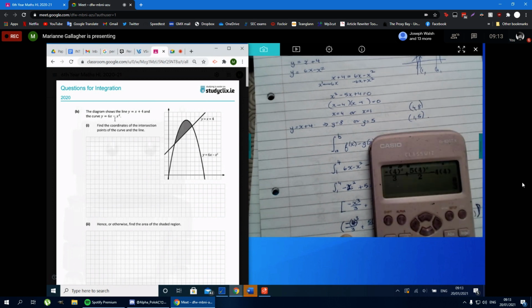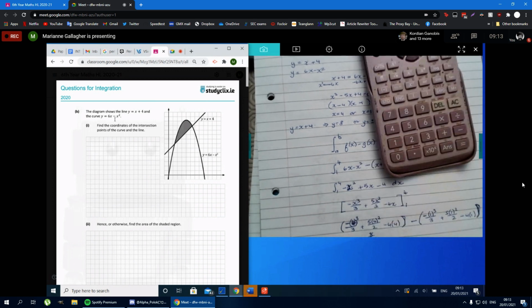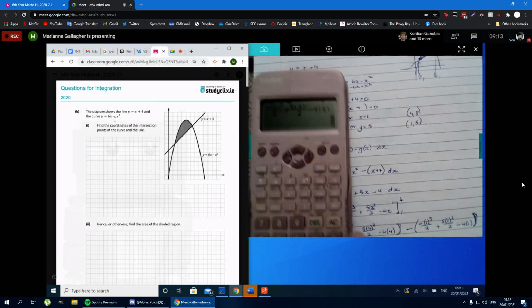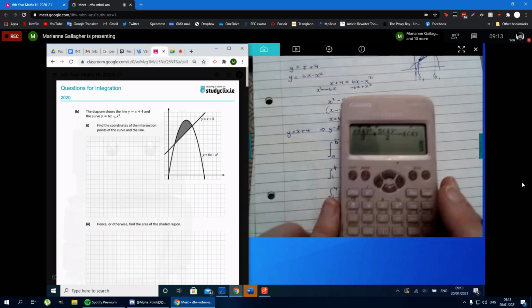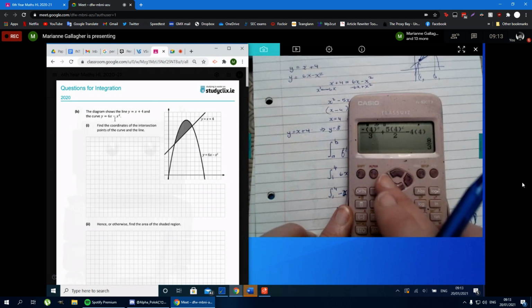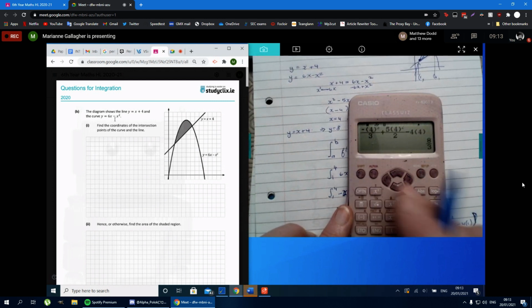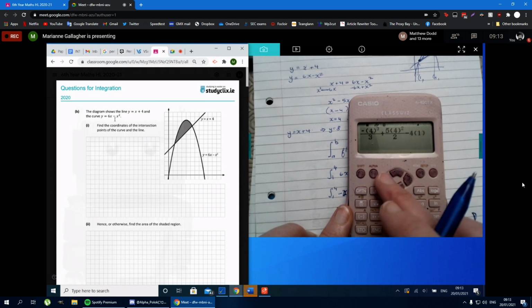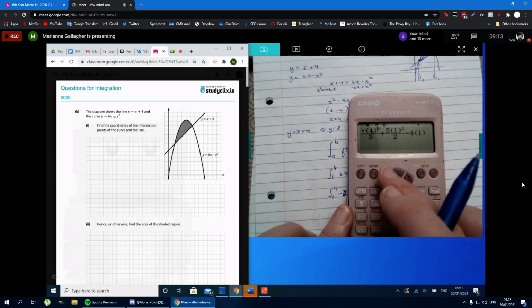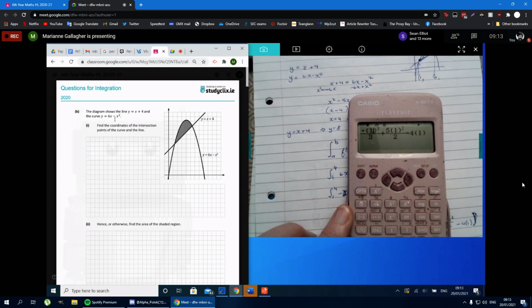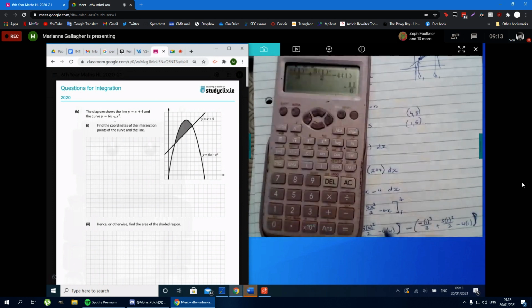So that is 8 over 3, minus, and then that one. What you can do with the calculators is go back and just change all the 4s to 1. Instead of typing the whole thing in again, I'm going to delete the 4, change it to 1, arrow back to here, delete, change it to 1, arrow back to here, delete, change it to 1, and you've got minus 11 over 6.